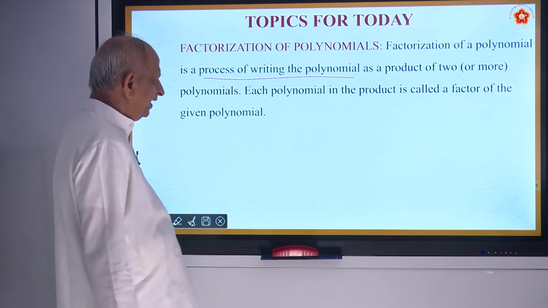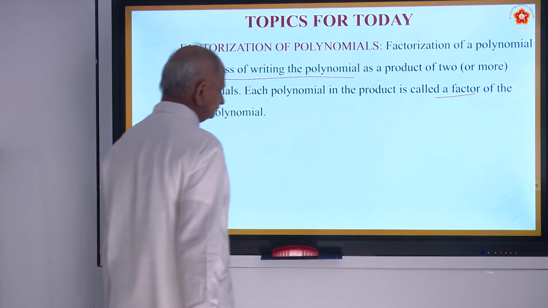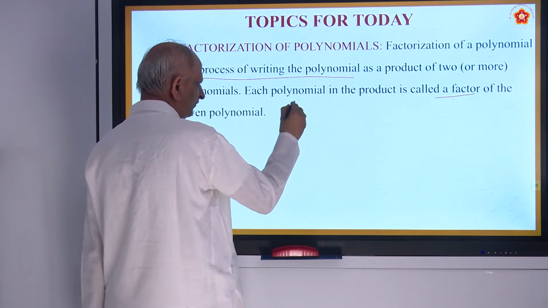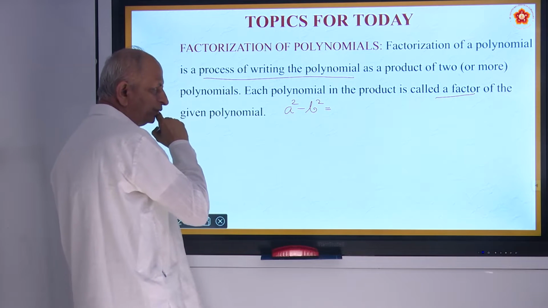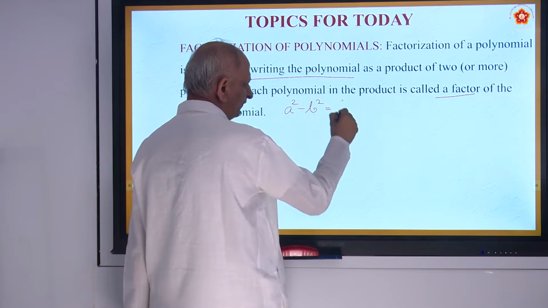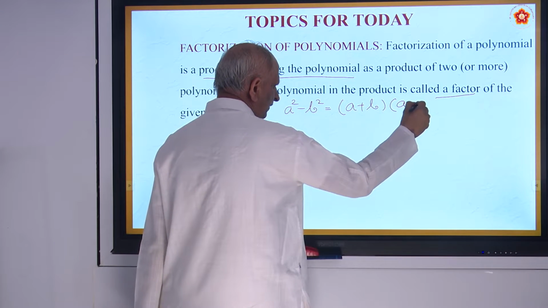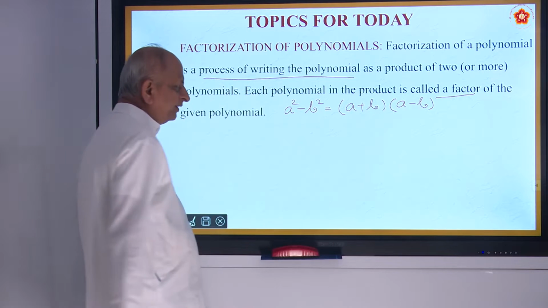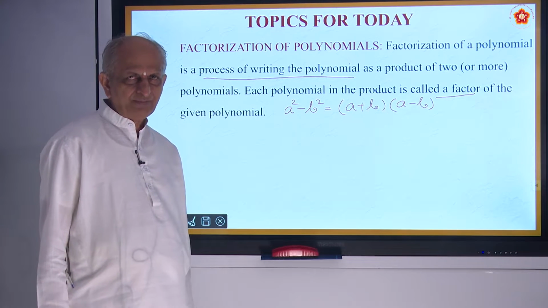Each polynomial is called a factor. For example, if you have a² − b², that is a polynomial of 2 terms, and its factors will be (a + b) and (a − b). Each of them is called a factor. Right?